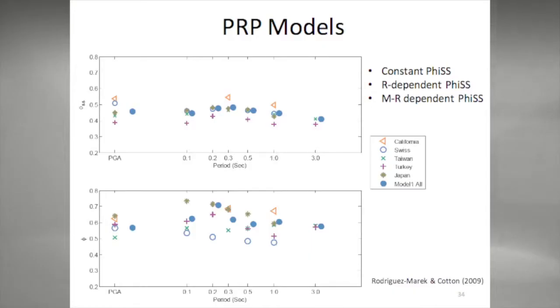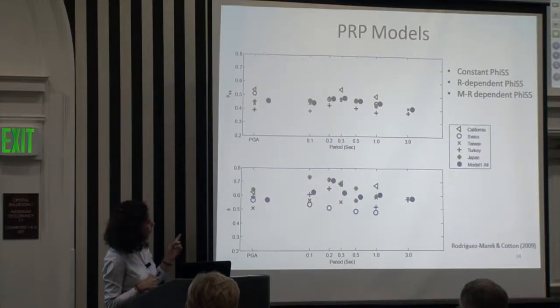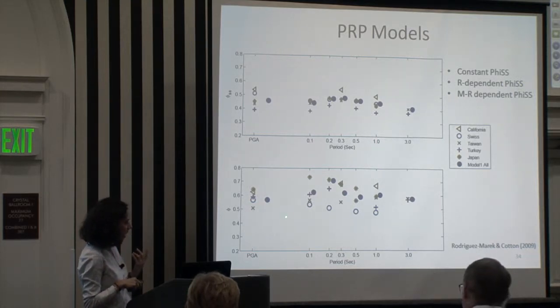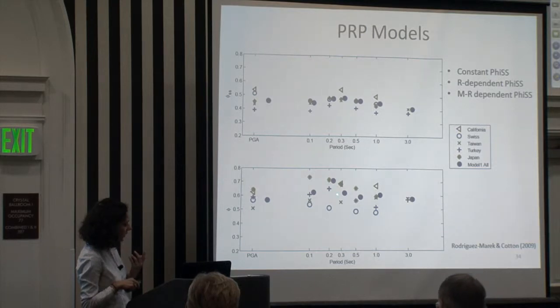I think Adrian in the previous workshop gave a presentation about the VSS models that were developed for the PEGASOS refinement project. And this is here one of the plots from their report. This shows phi, which is the ergodic within-event standard deviation, for the different regions that they used.